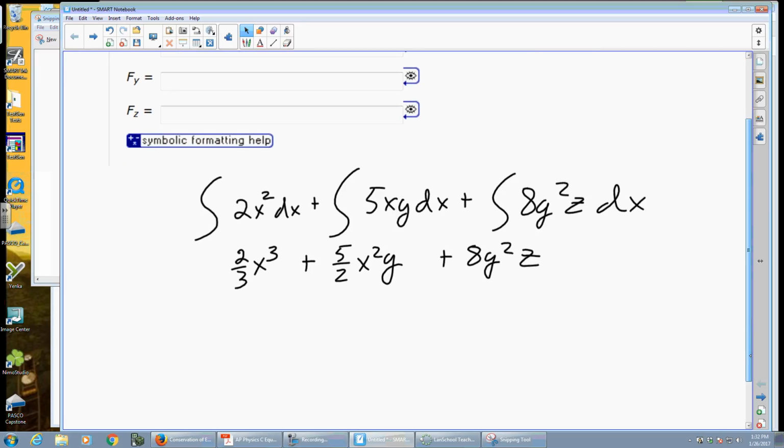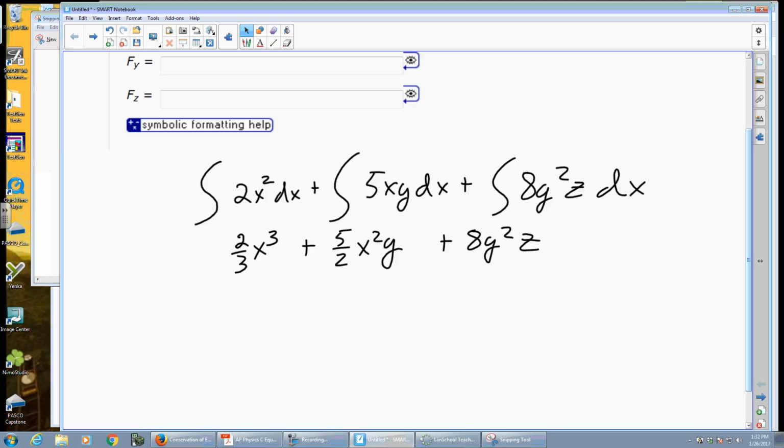And then I can do the same for y, and I'm going to take a little shortcut here because I know that 2x is just a constant in y.